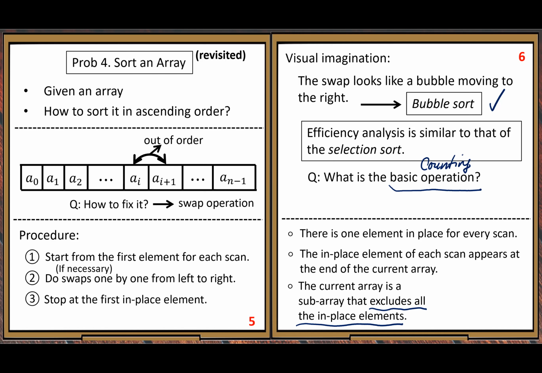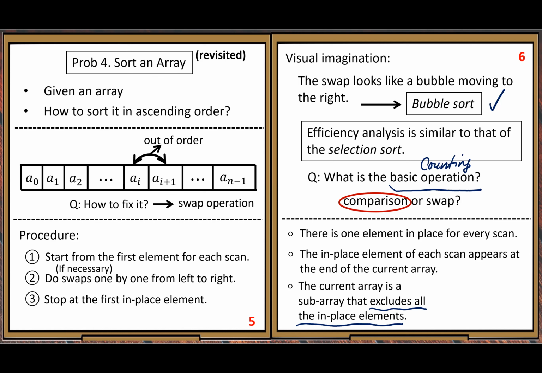So comparison is one operation you need to consider. Another is the swap operation. Comparison or swap, which one? The answer is comparison, not swap.